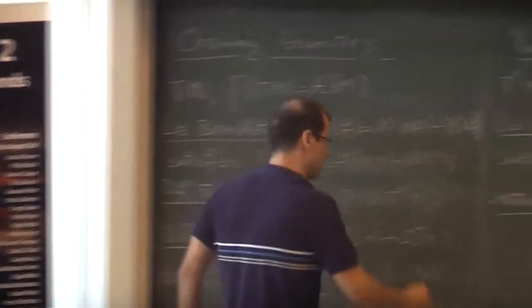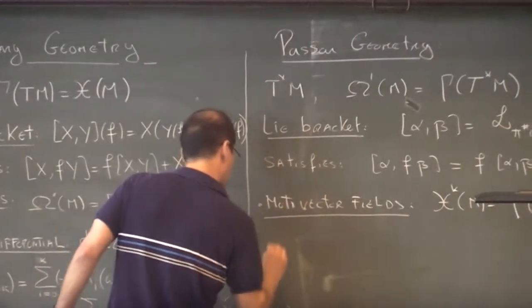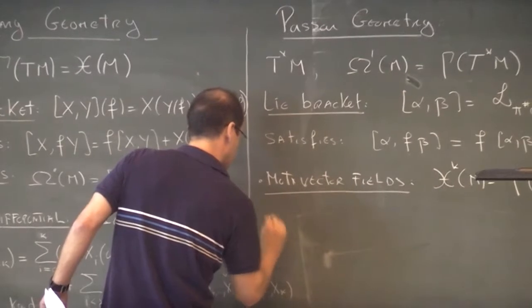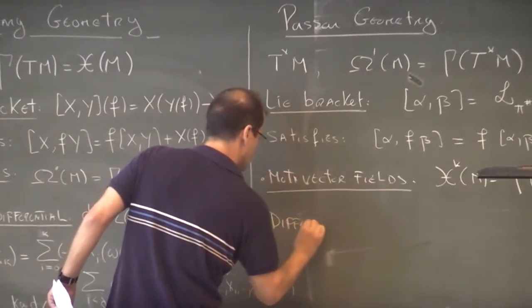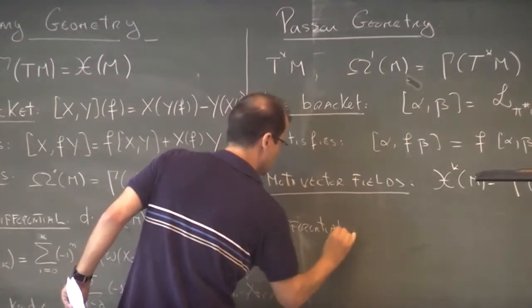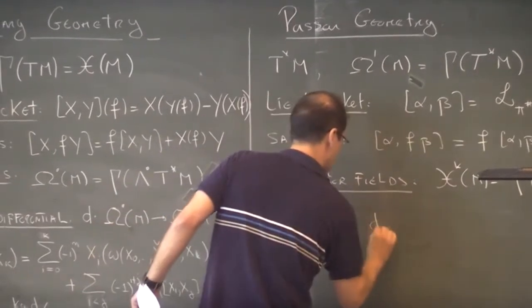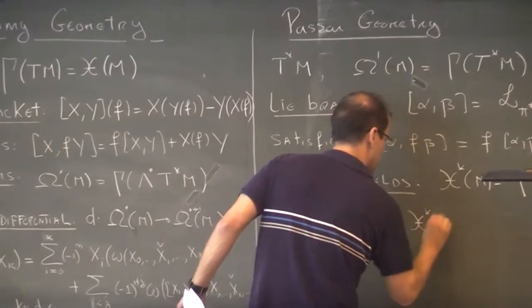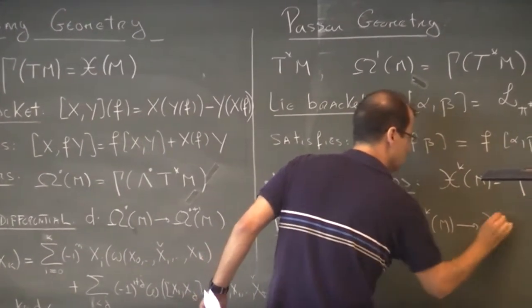And there is going to be a differential called the Poisson differential, the Poisson-Lichnerowicz differential. So that's going to make the multi-vector fields into a complex.